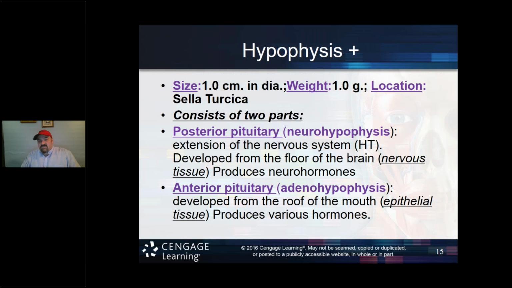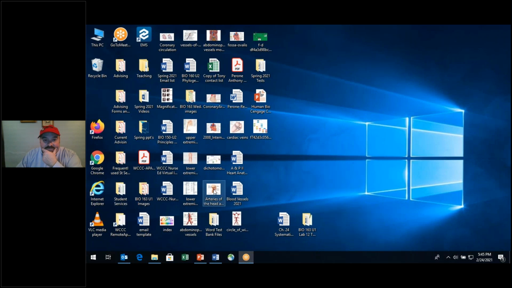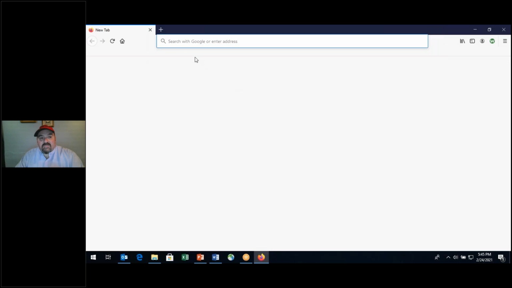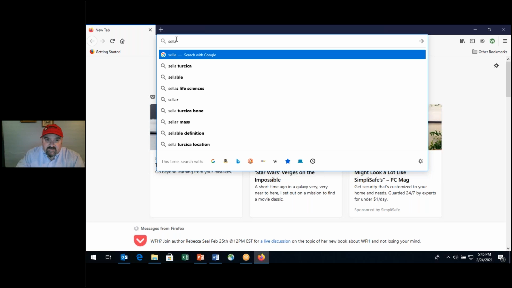And where is this located again? It's the sella turcica, right? So the sella turcica is in the anterior cranial region there. So let's look at the sella.